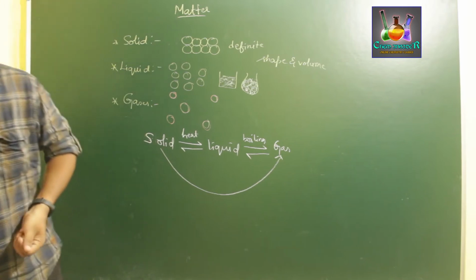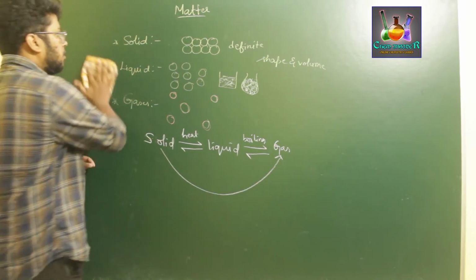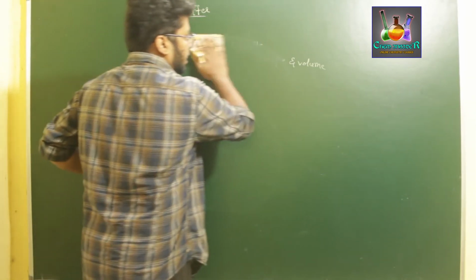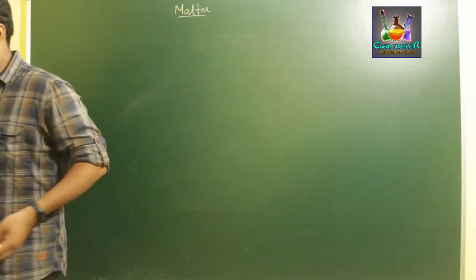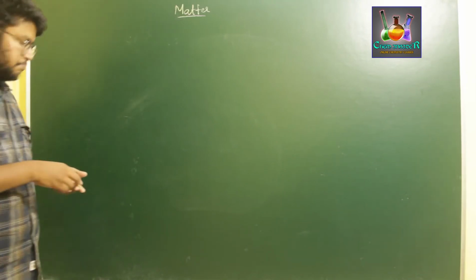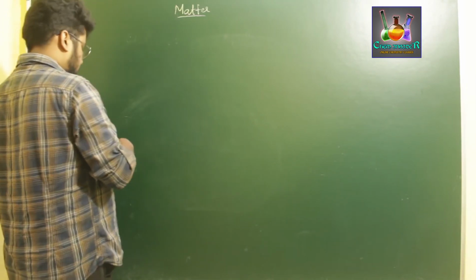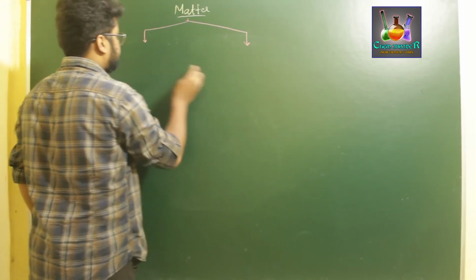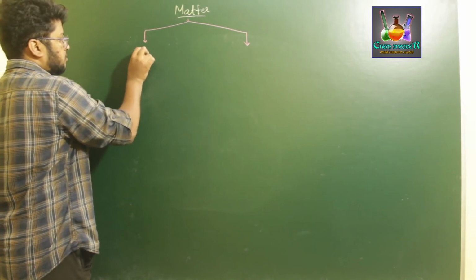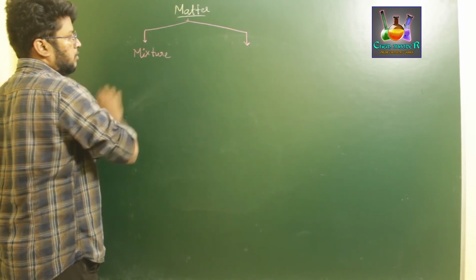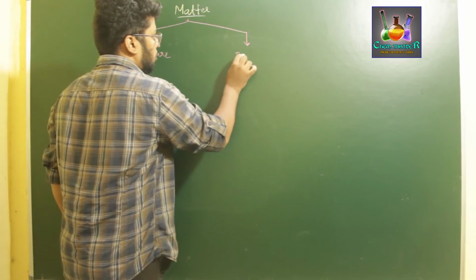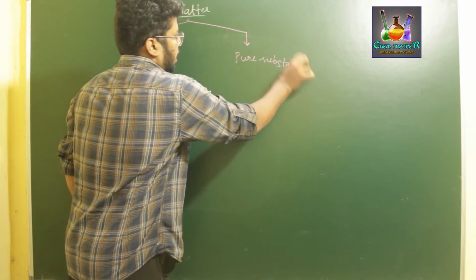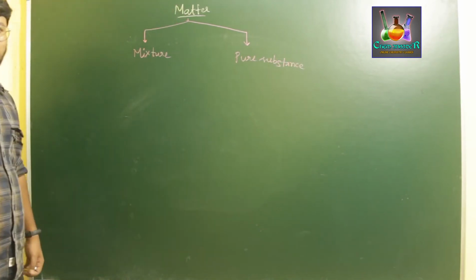So matter at the macroscopic level is classified into two. A matter can only be either a mixture or a pure substance.